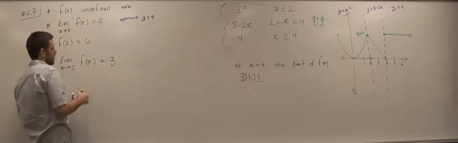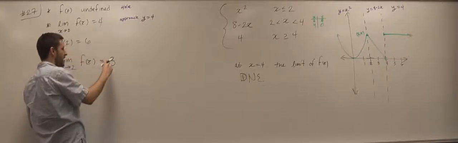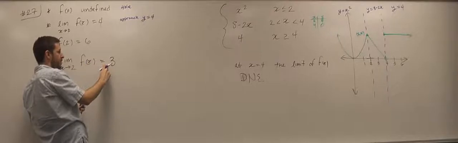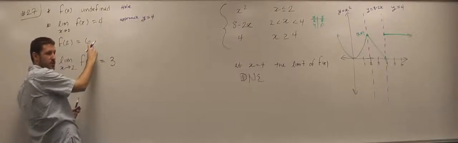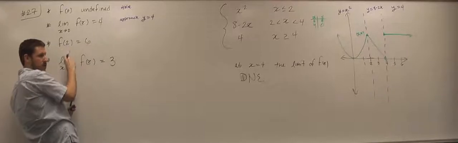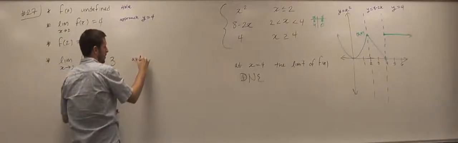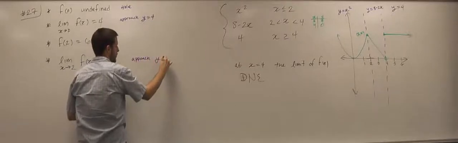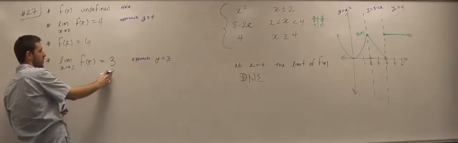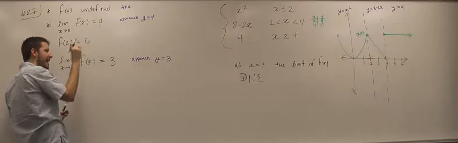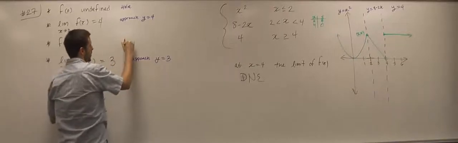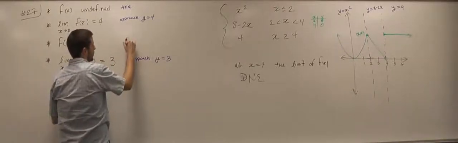Whether it looks like a line or not, we don't know, but yeah, it's approaching the y value of 3, okay, but then it jumps up to 6 as soon as you get to 2. Right, so as x approaches 2, we're going to approach y equals 3. That's what this means, approach y equals 3 from the left and right. But then this guy means exactly at 2, we're going to have to put a point.